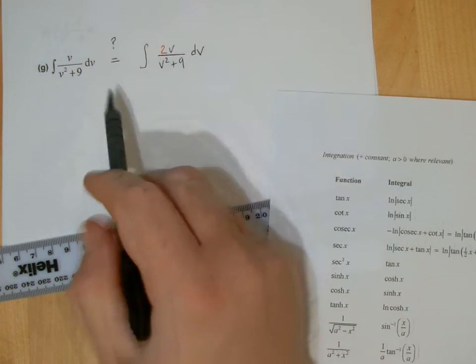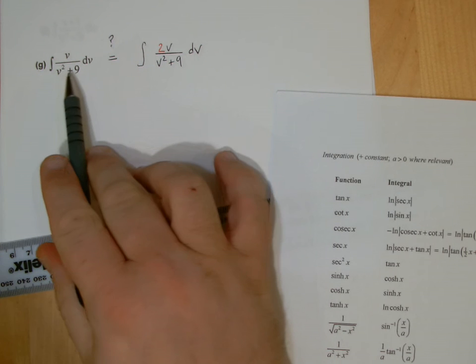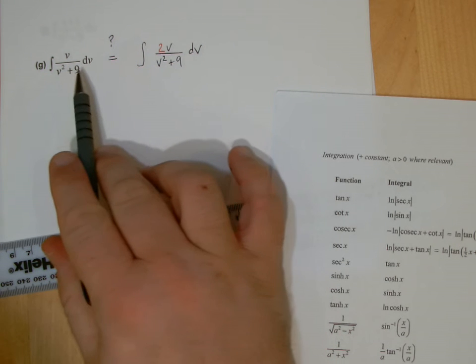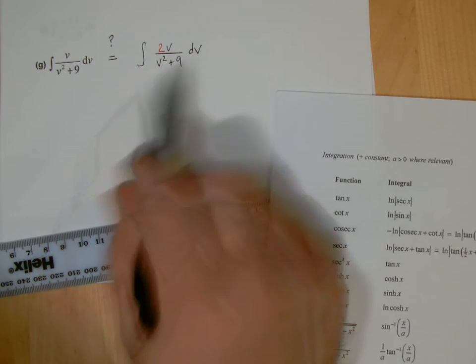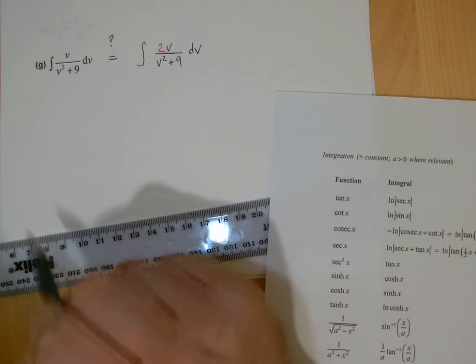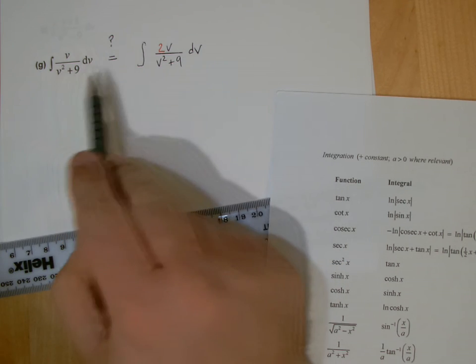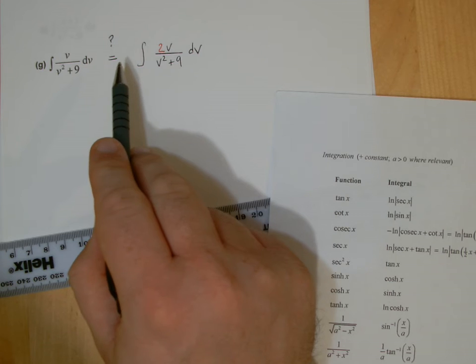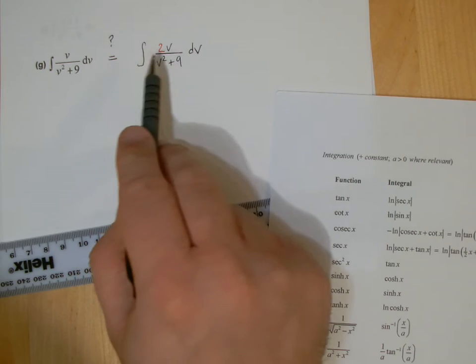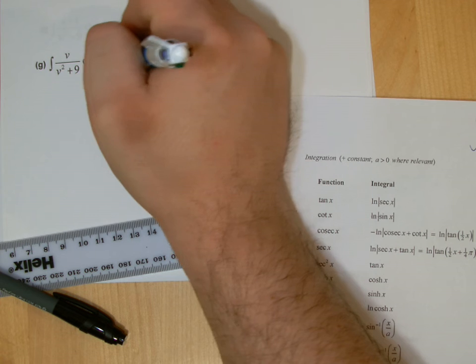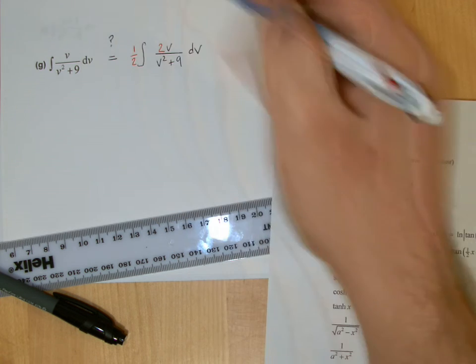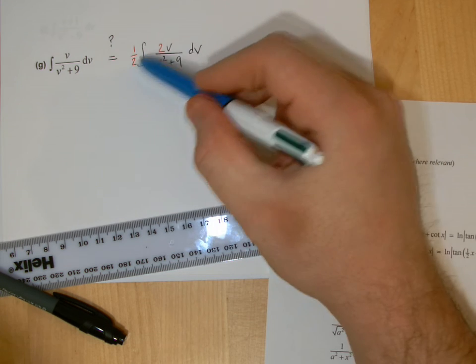Well, what I can say is the integral of v over v squared plus 9 dv is certainly not equal to that, but what I can say is this integral is equal to 1/2 of this integral. If I put a half in front, the 2's would cancel.